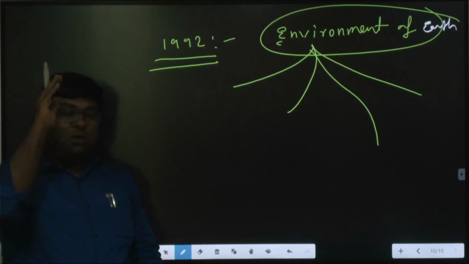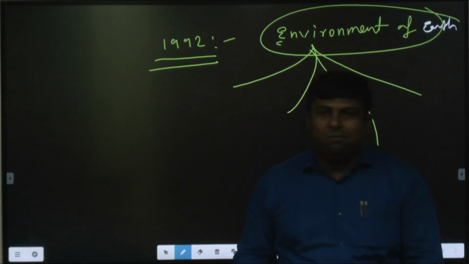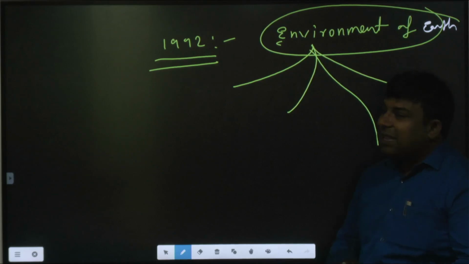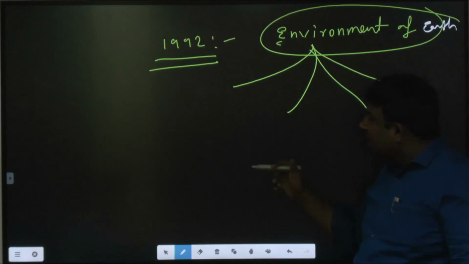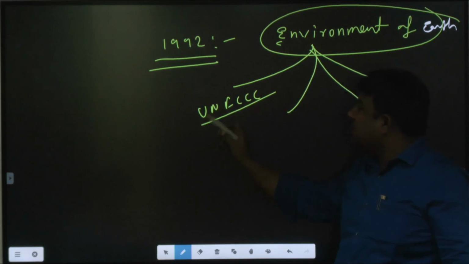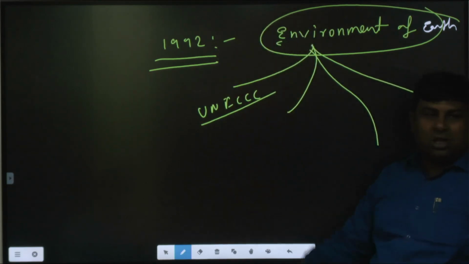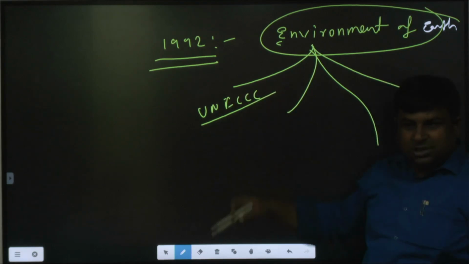One major problem related to environment which was very widely discussed at that platform was the problem of climate change. So for tackling the problem of climate change, an agreement known as UNFCCC was signed at that platform only. We have to talk about it in the chapter of climate change.